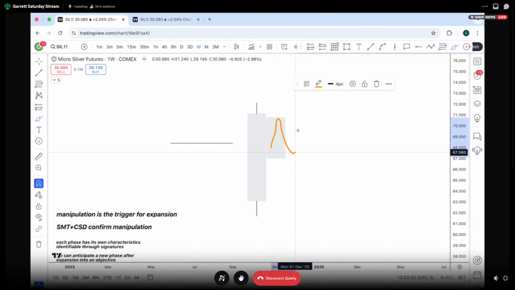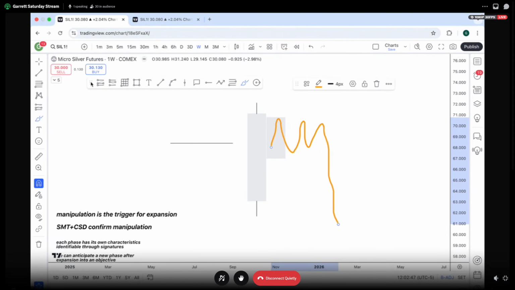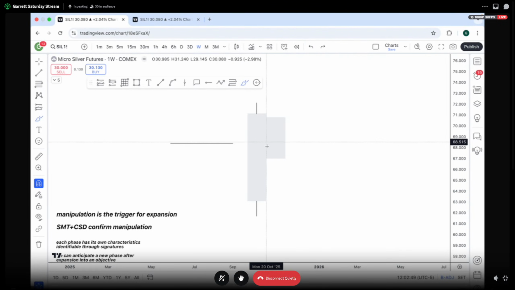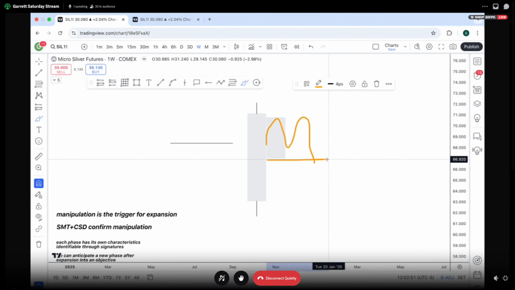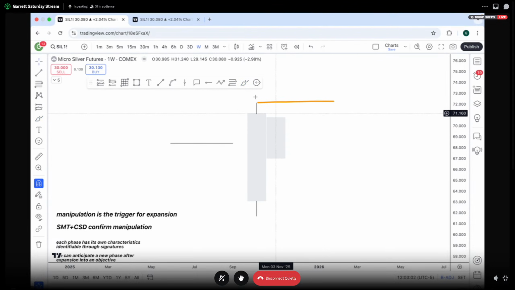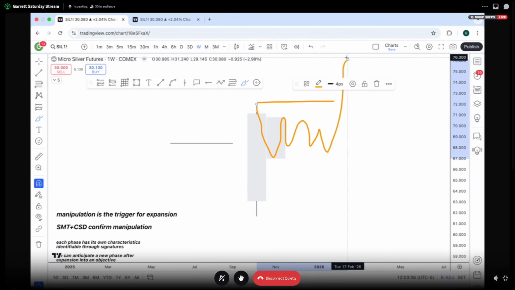The ideal way to trade a consolidation on any time frame is we manipulate first and then we distribute through this high. So manipulation into expansion, right? That's the ideal way to trade a consolidation. But the market doesn't actually need to manipulate to expand during a consolidation.